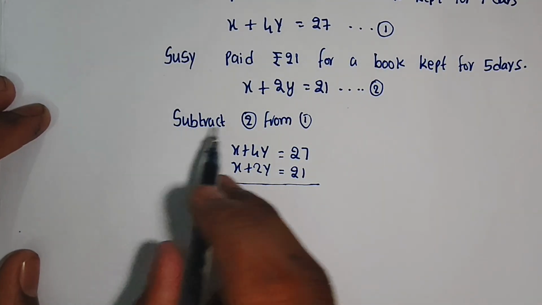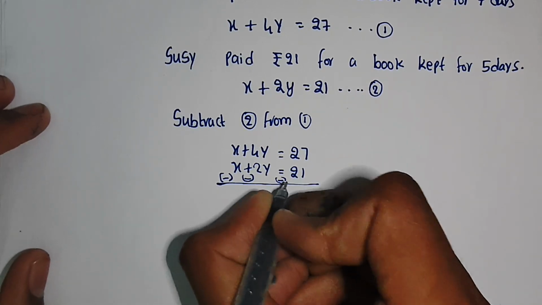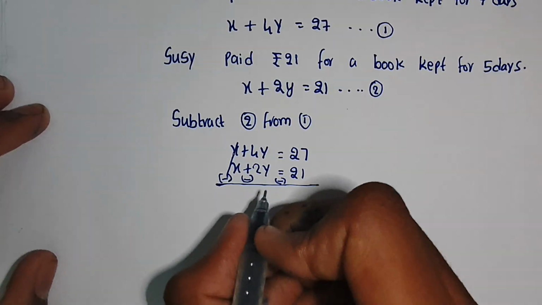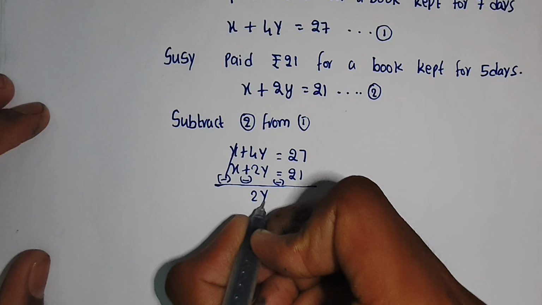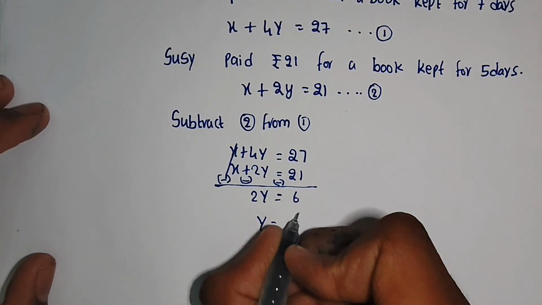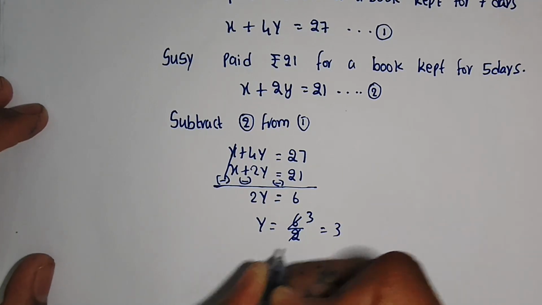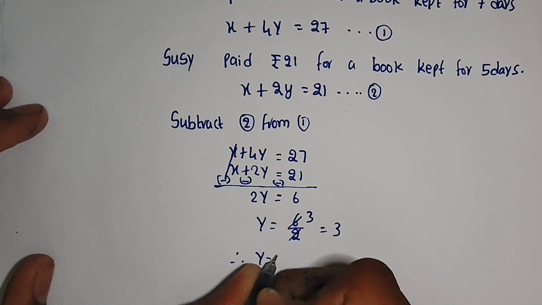I said subtract, so change the symbols. It becomes minus. x and x get cancelled. 4y minus 2y, 2y equals 27 minus 21, 6. y equals 6 by 2. 2 ones are 2, 3s are 6. Therefore, we got y equals 3.